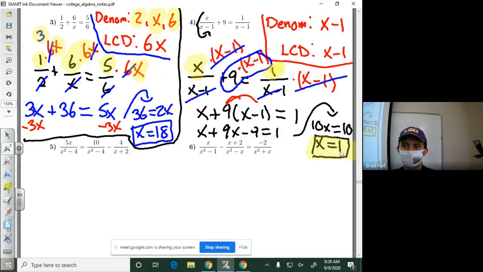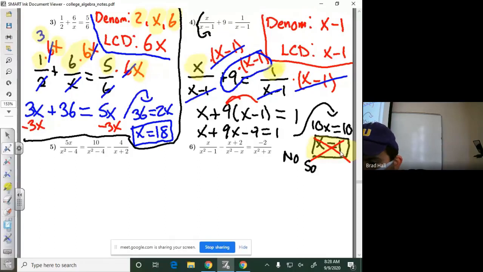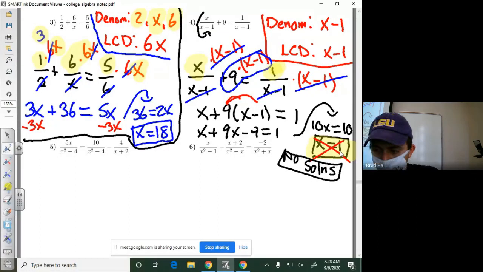You would get 1 divided by 1 minus 1, which is 1 divided by 0. If you try to plug in 1 into this equation, your calculator will say undefined. So that answer we got, we toss it. And we say that there are no solutions. So this is the true answer.